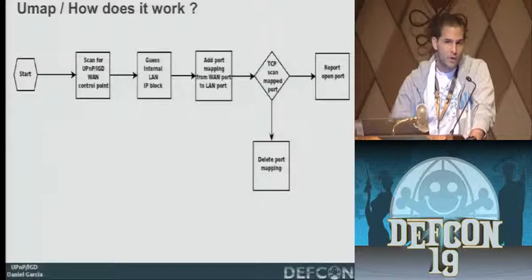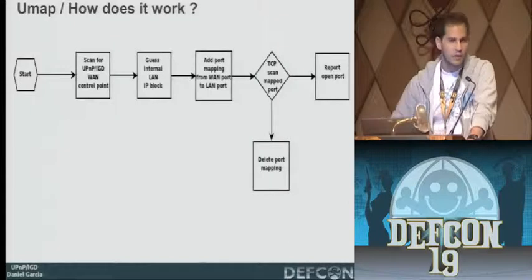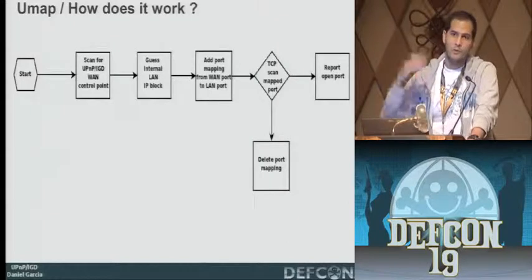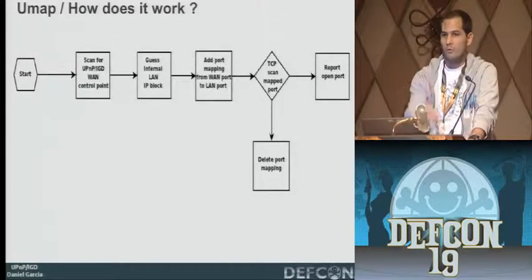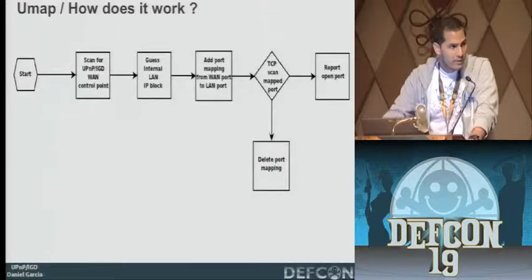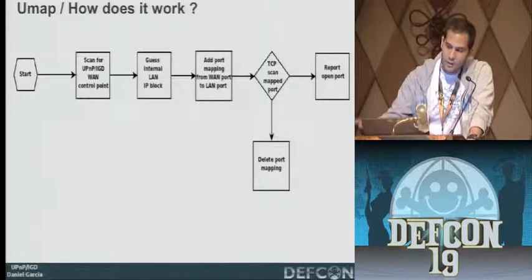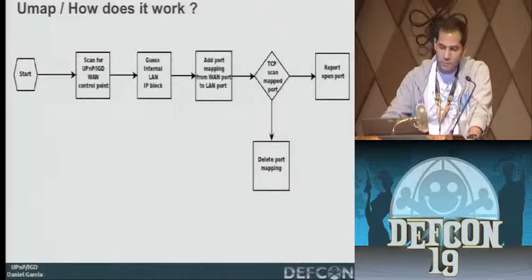Let's say if I want to scan port 21 of all the hosts on the inside of the LAN, it starts adding port mappings for 10.0.0.1 and 21, and then tries to map it to an external port. And then the program tries to check if that external port is open on the WAN IP. If it's open, obviously you can establish the connection to the internal host and the internal services. And also, it does the deletion of the port mapping.